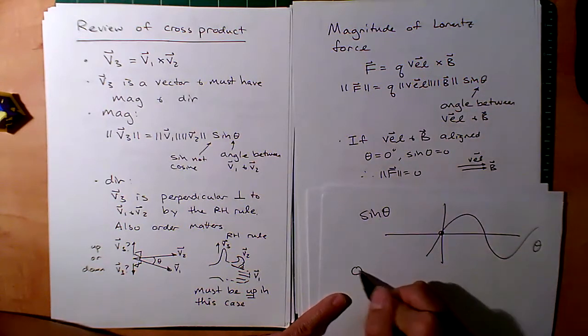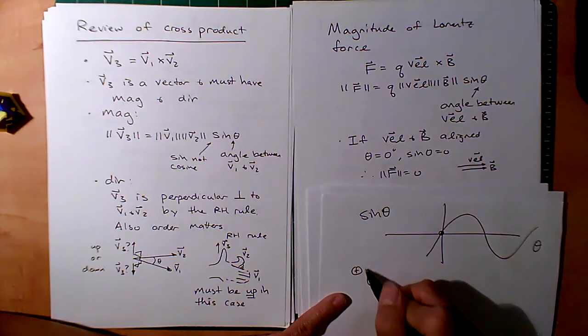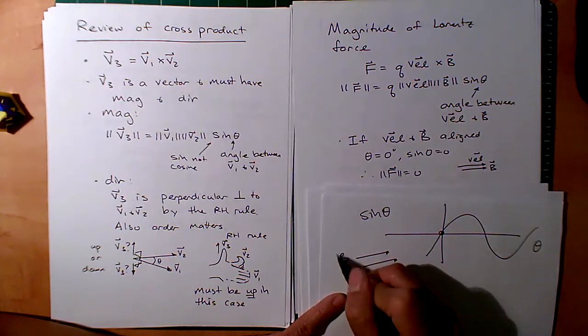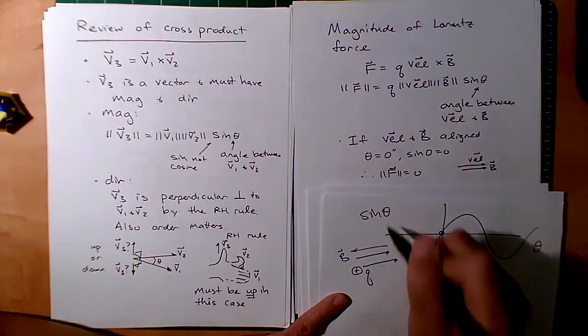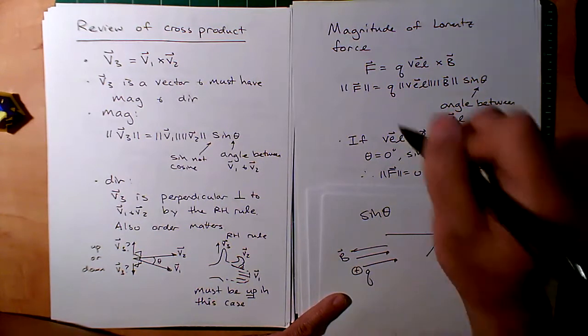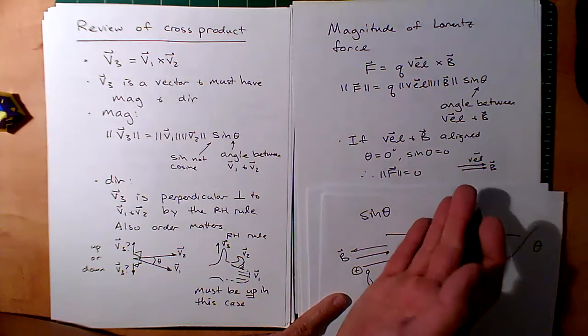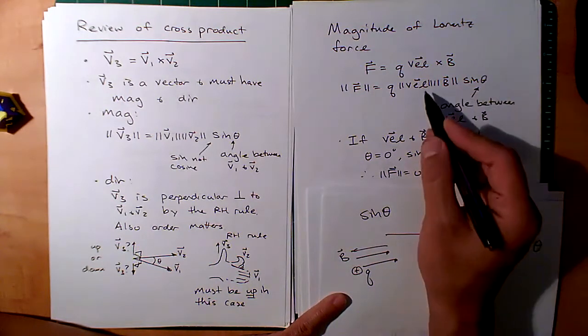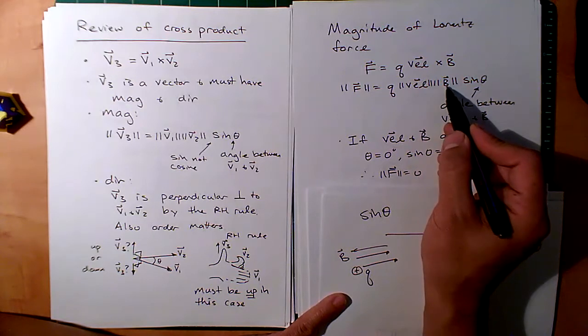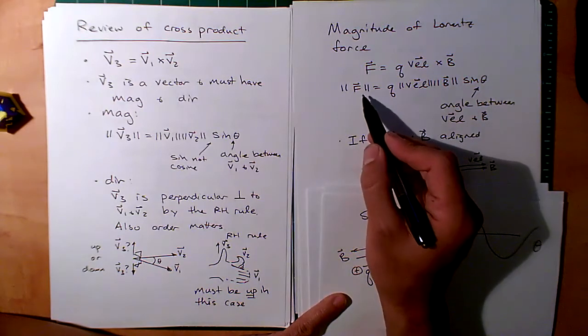So if you have a little positive charge that's moving, and your flux density is in the same direction as the charge or in the opposite direction, it doesn't matter, I'm going to get a 0 for that theta, and that means I'm going to get a 0 force. The closer theta is to 90, or the more perpendicular the velocity is to B, the larger the force is going to be.